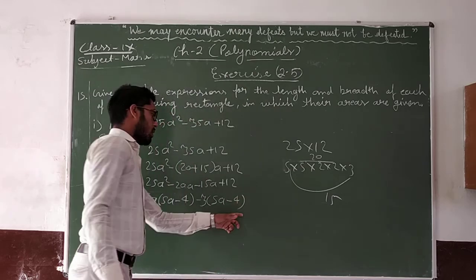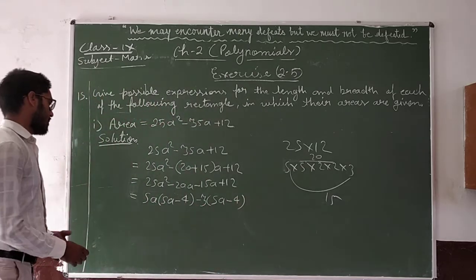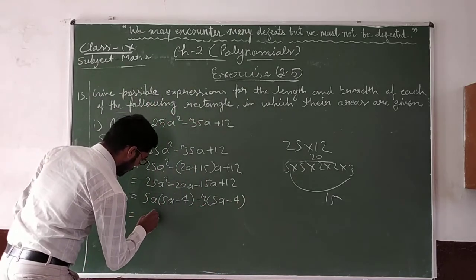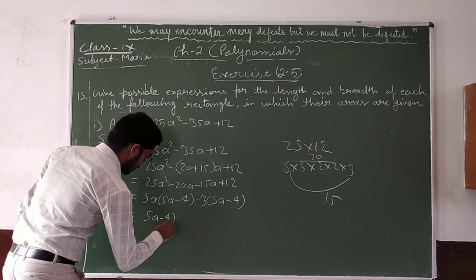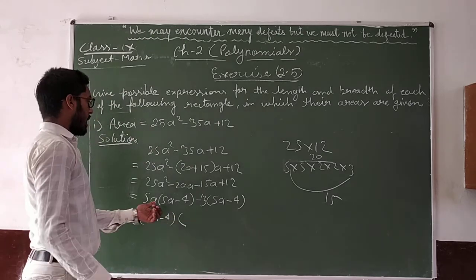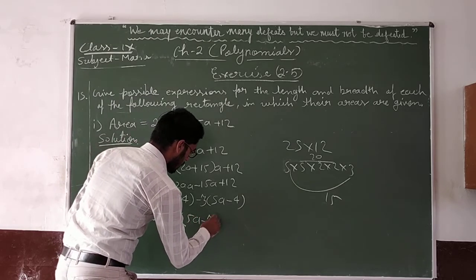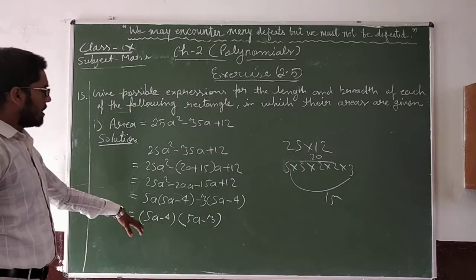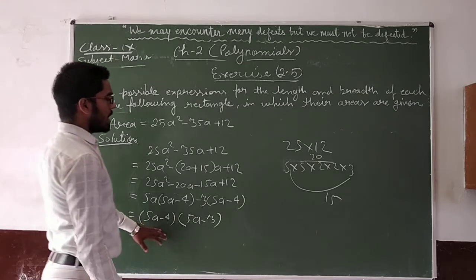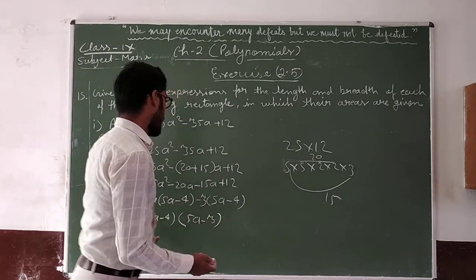In the whole expression, 5a minus 4 is common, then you will get 5a minus 3 in another bracket. It means now you have L into B, length and breadth.